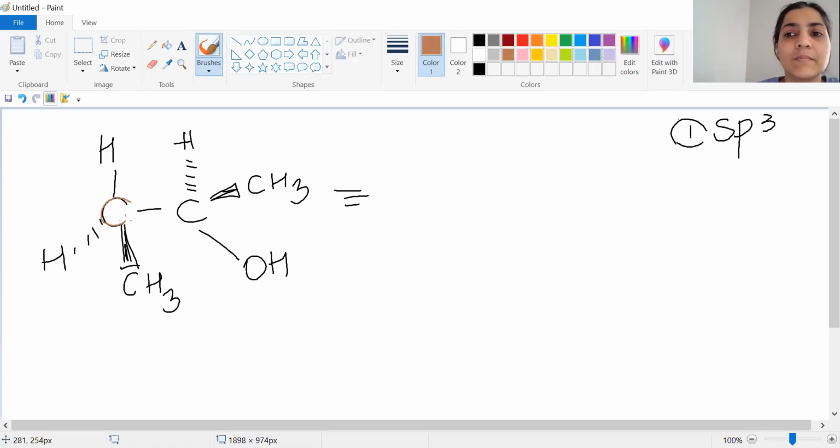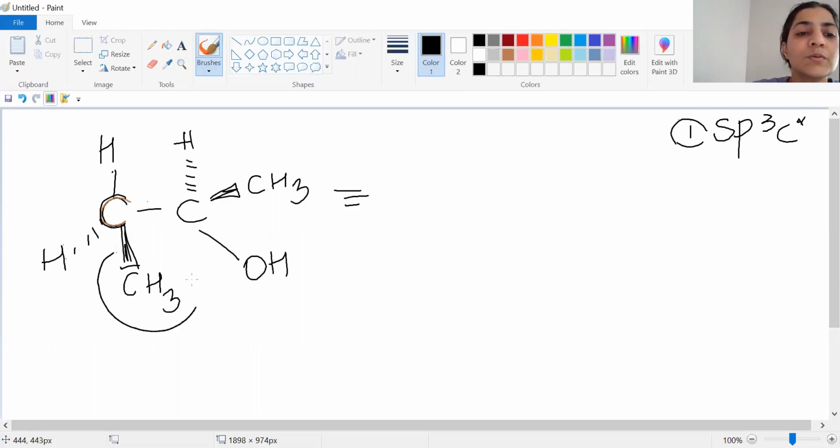Is it my sp3 carbon or is it not? And I see that there are 4 groups around this carbon and it is a sp3 carbon.